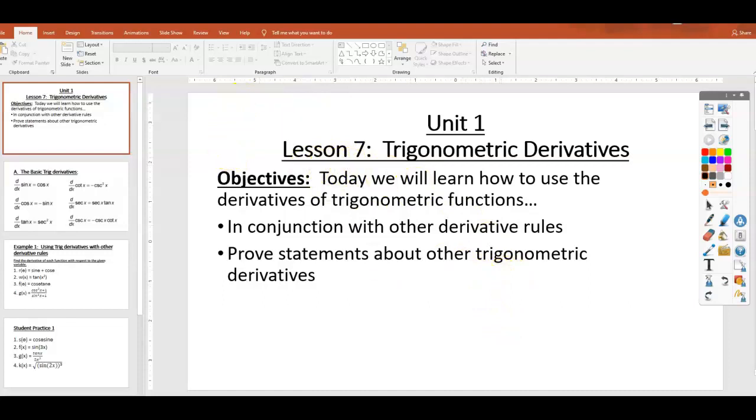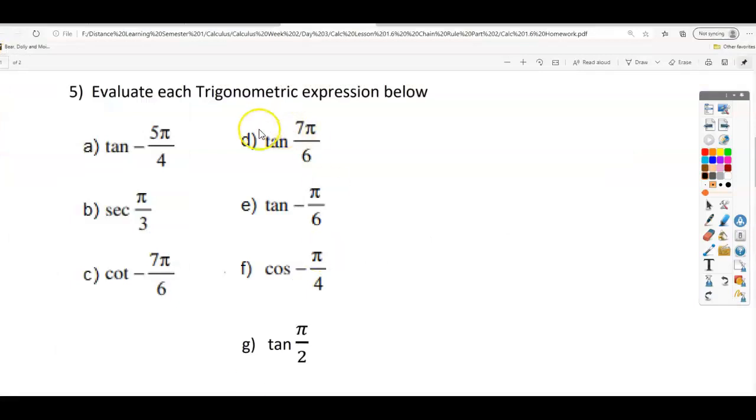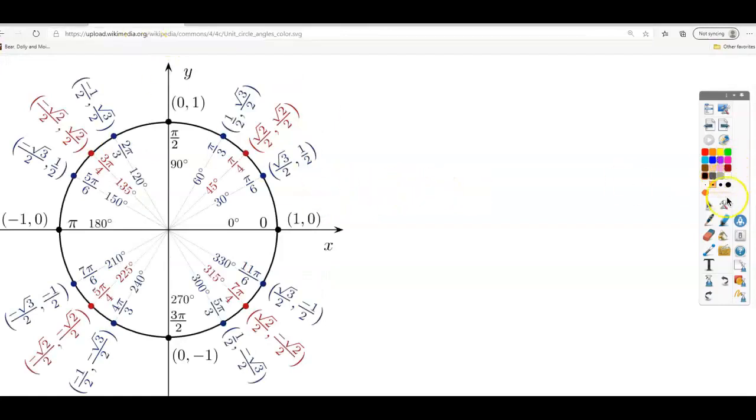Okay, so I'm going to go ahead and begin here. So we need to know how to evaluate trigonometric expressions. So to do that, let's go ahead and jump over here to our unit circle. Now, when we're on our unit circle, we have sine of theta, and theta represents an angle of some kind.